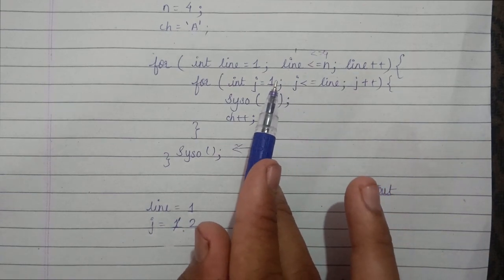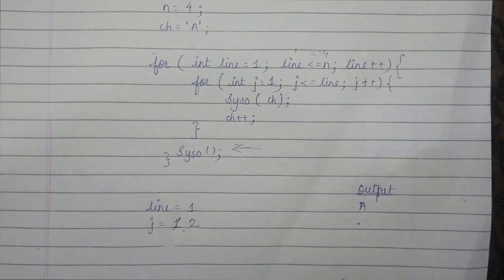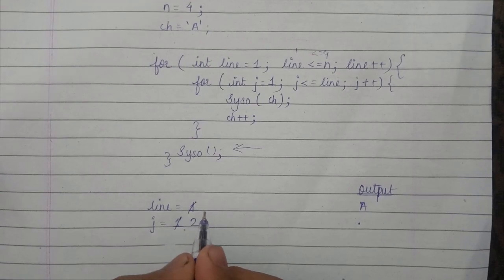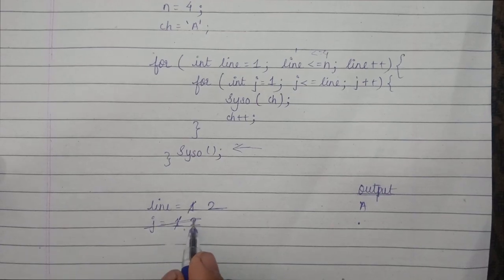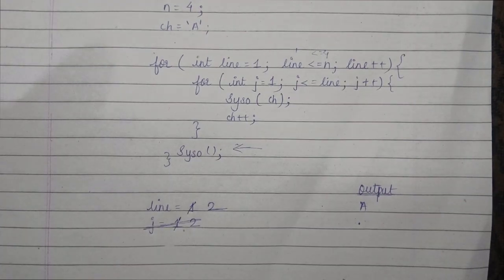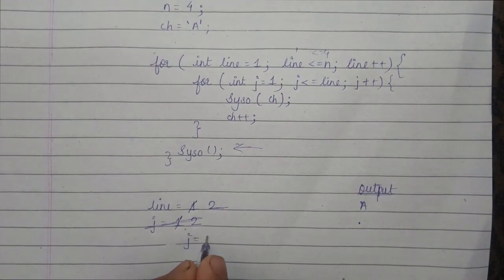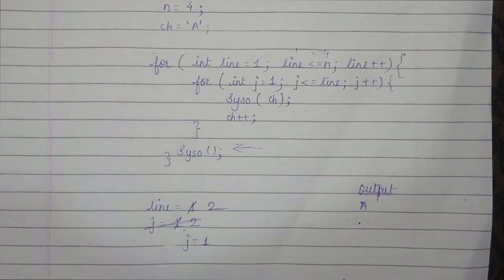Now it will update the outer loop, that means line, so line gets updated to 2 here. j will be terminated. Entering the inner loop, j will be updated to 1 only. Now we check the condition: is j less than or equal to line?